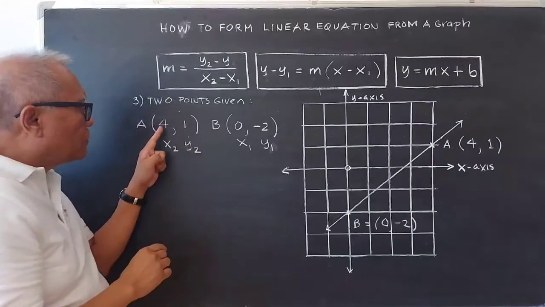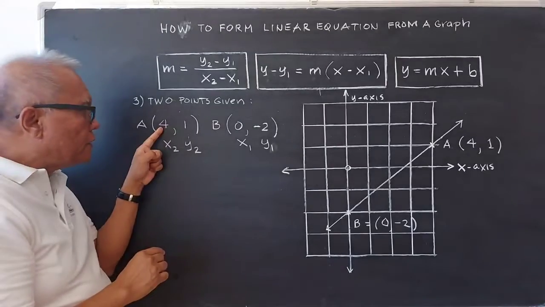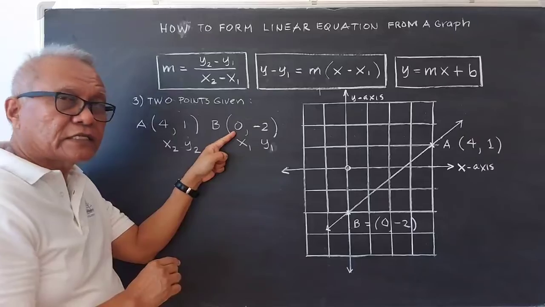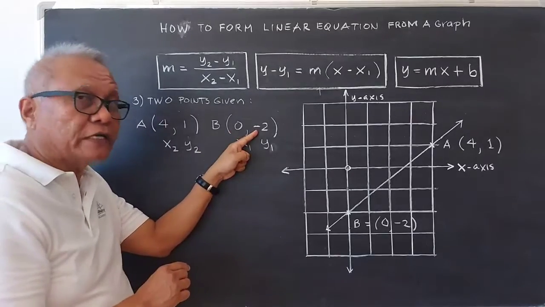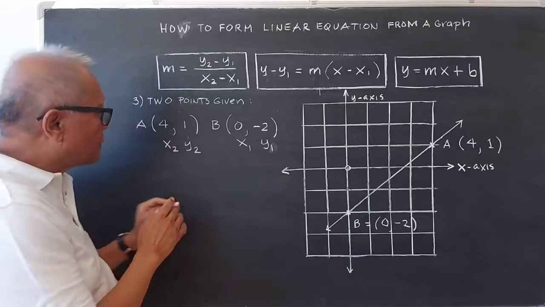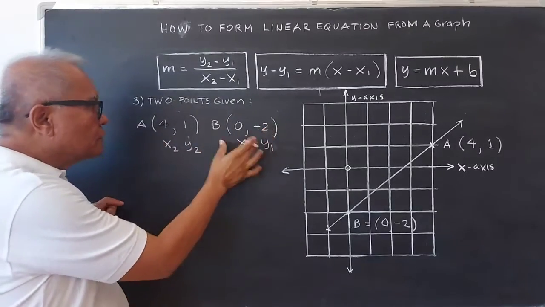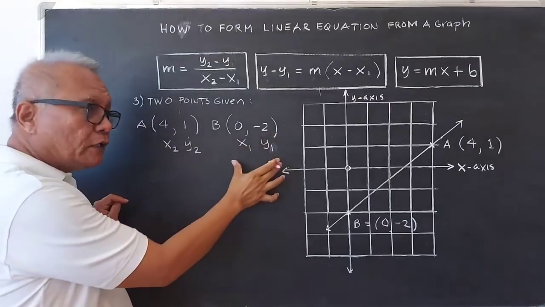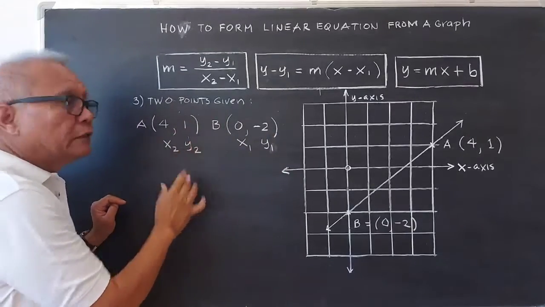You can have this one as x sub 1, this one is y sub 1, and this one is your x sub 2, and this one is y sub 2. It's still correct. But it's better for me to subtract the smaller one from the bigger one. That's why I put x sub 1, y sub 1 here, point 1 here, and point 2 here.